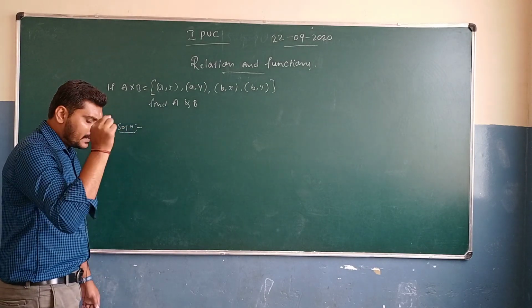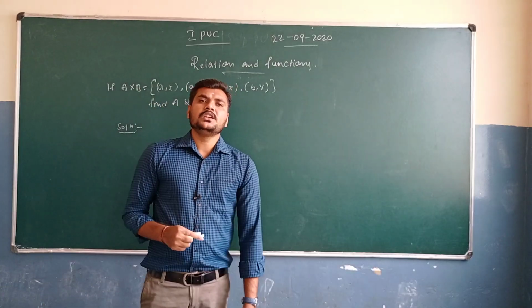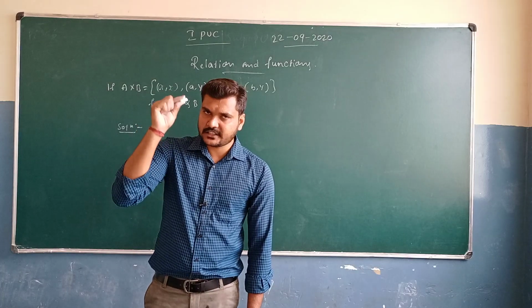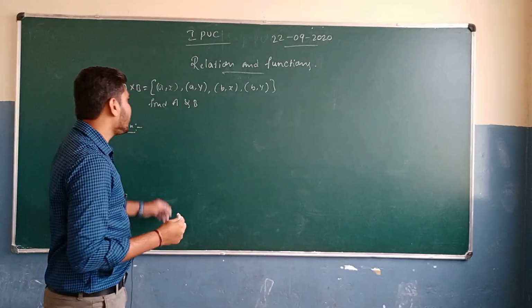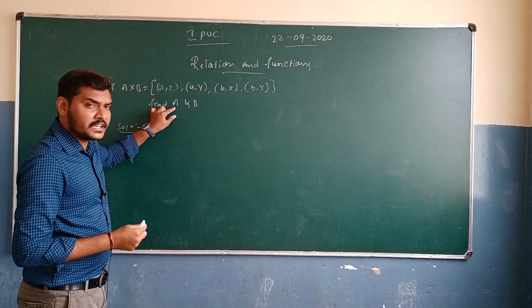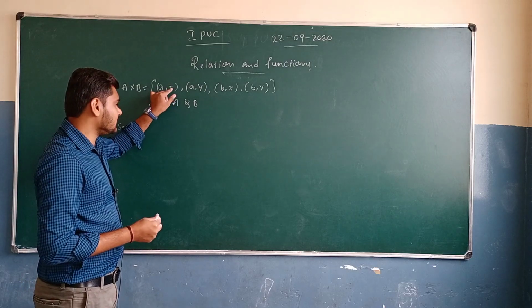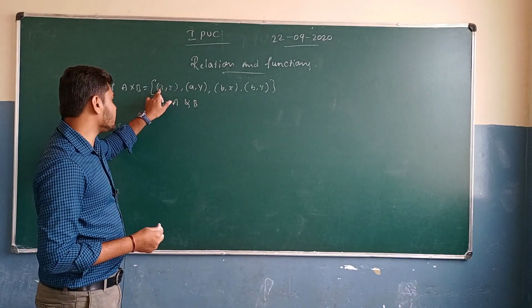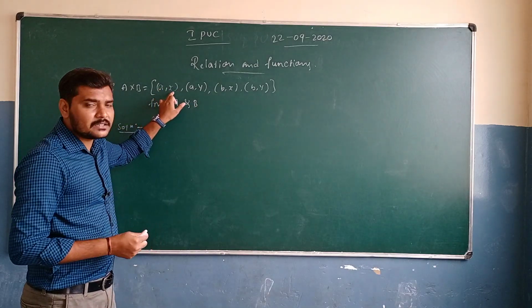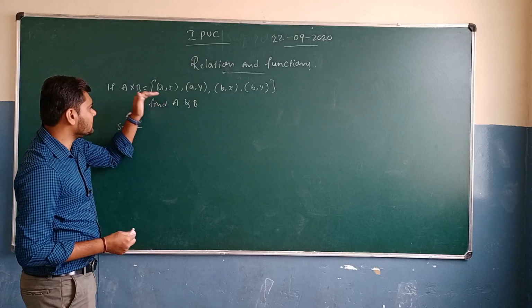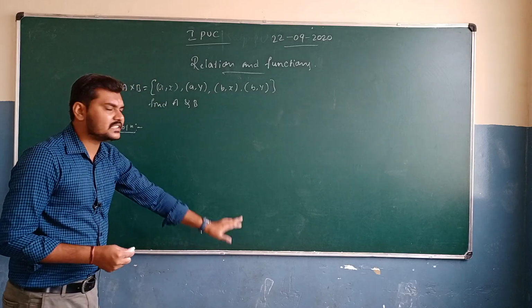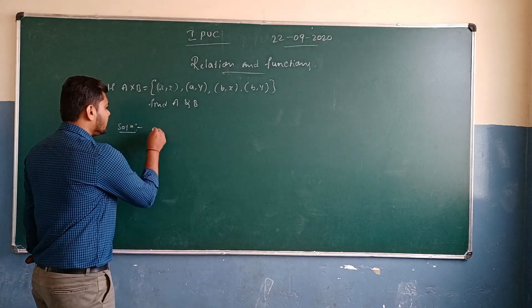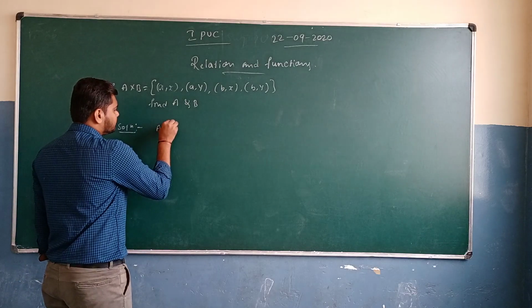When the ordered pair definition came, what did they say? All the first elements of an ordered pair must belong to set A, and the second elements belong to set B. So the first elements of the ordered pairs belong to set A.